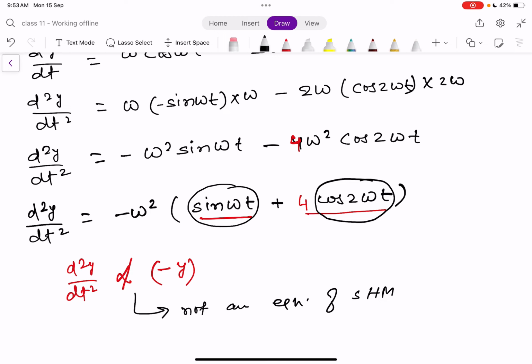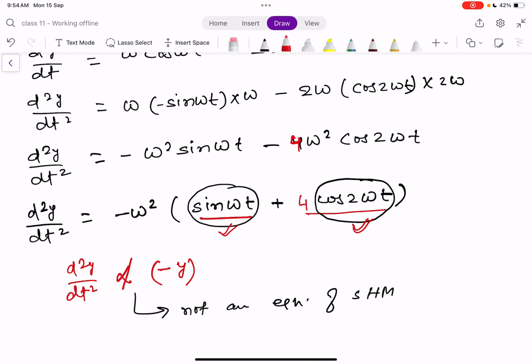Also, we can see that this equation has two frequencies. One is omega and the other is 2 omega. But what we have seen, x equals a sin omega t plus or minus phi, has only one frequency, not two. For linear SHM, there is only one frequency.